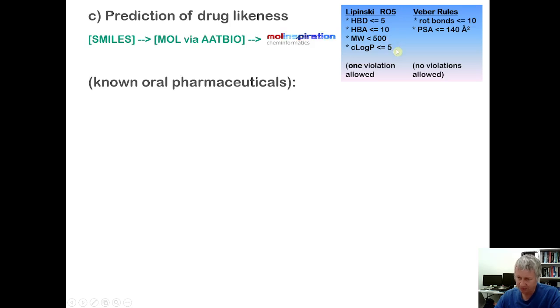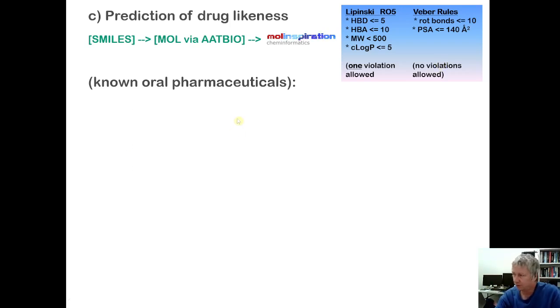C log P, which is a measure of aqueous solubility, that has to be less than or equal to 5. And according to these rules, 1 violation is allowed. And then there's also the Weber rules, which is a different style of rules, and this says rotatable bonds are less than or equal to 10. Polar surface area is less than or equal to 140, and then no violations are allowed.